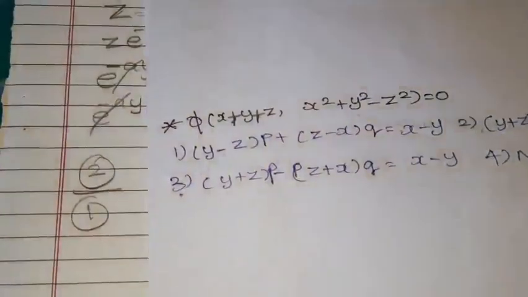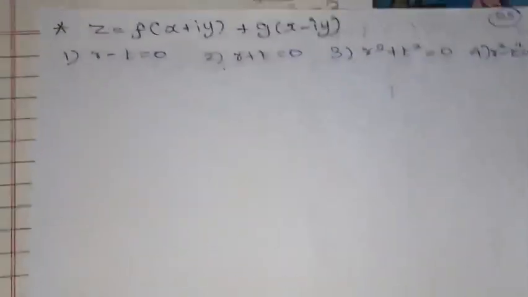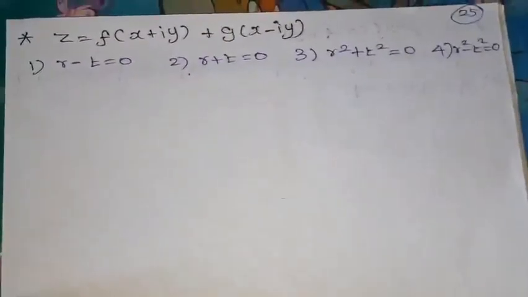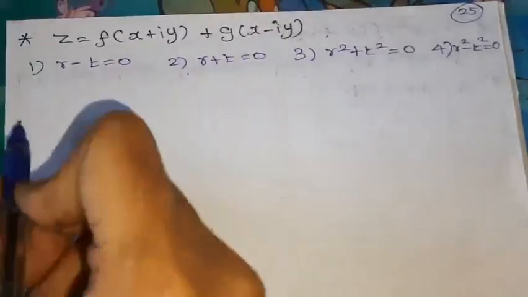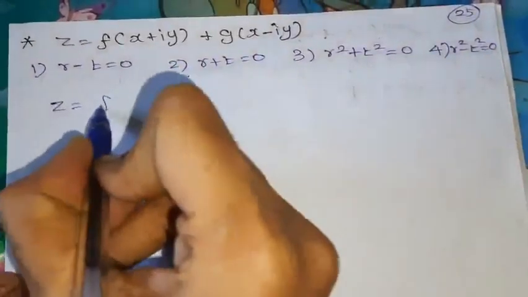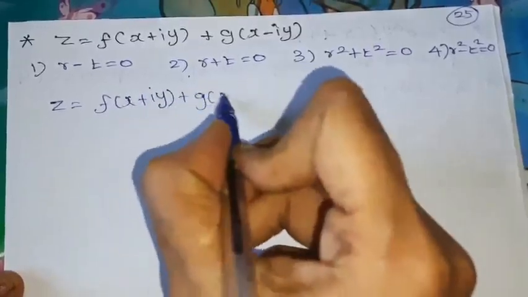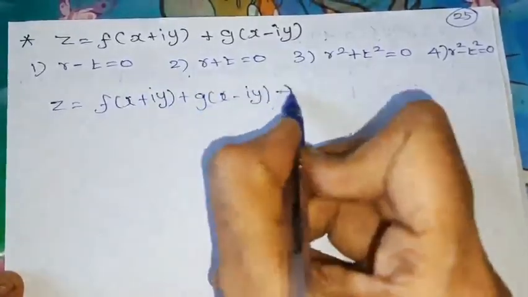Next problem. z equals f of x plus iy plus g of x minus iy. First we need to write down the given equation; it is equation 1.